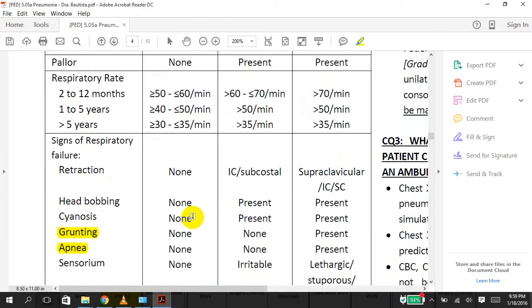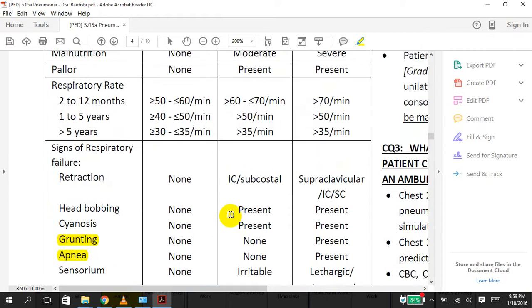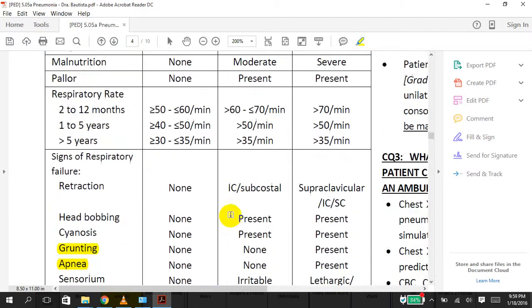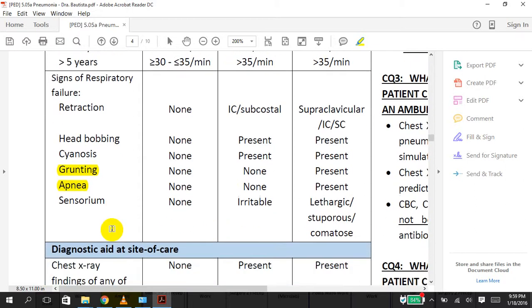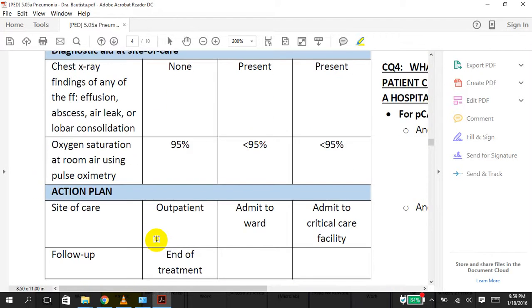So grunting is considered a sign of severe respiratory distress, because if your pediatric patient is already grunting, then it's actually a sign that the patient is forcefully exhaling or inhaling through a small airway. So beware or be vigilant for patients with grunting.